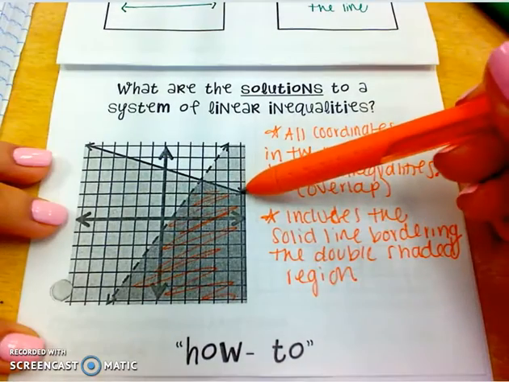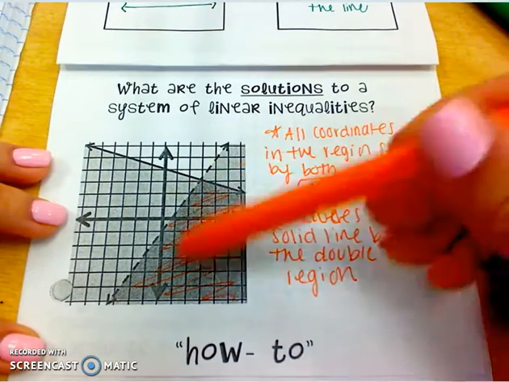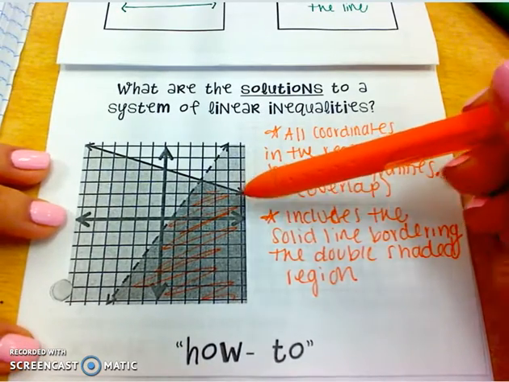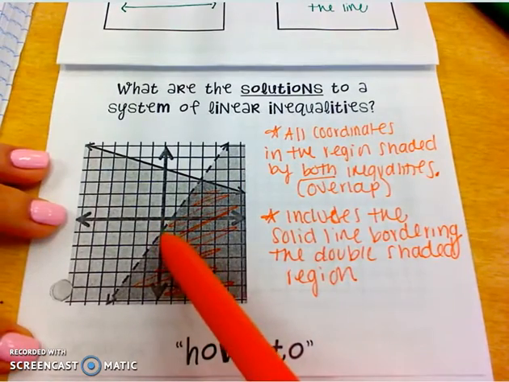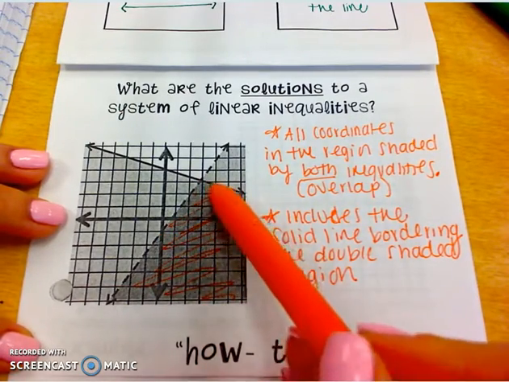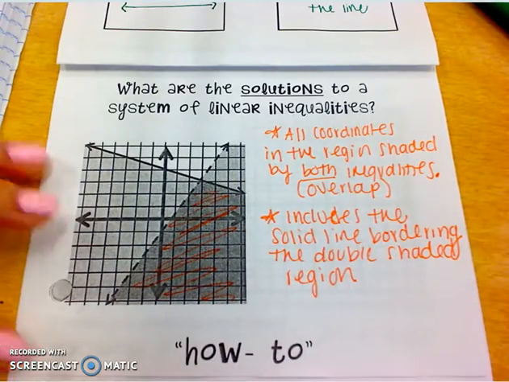So this is the solid line bordering the double shaded region. That is a solution. However, this, because it's on the dashed line, would not be a solution. It's all the points in here and what is the border of the solid line.